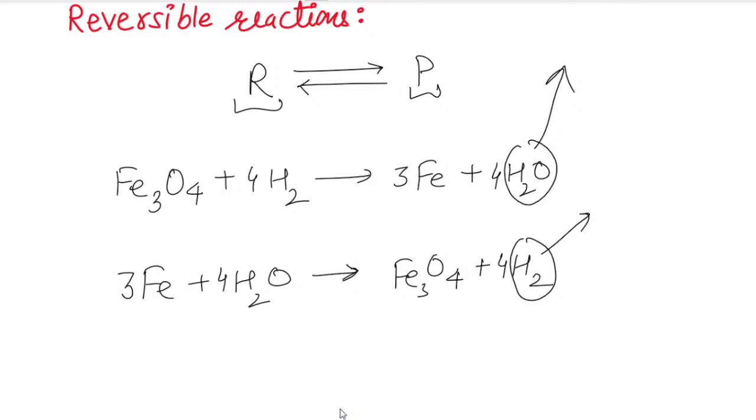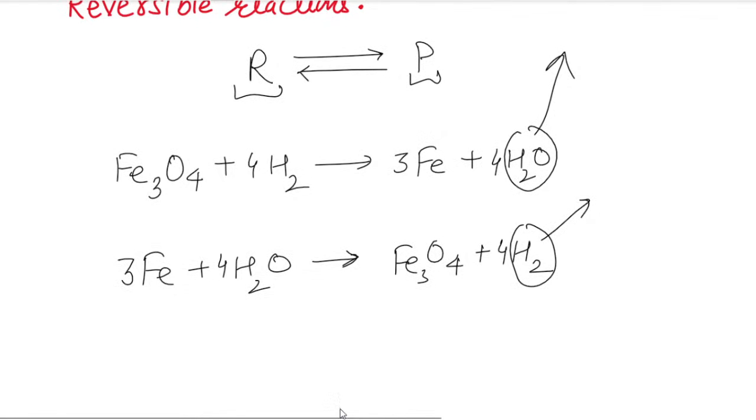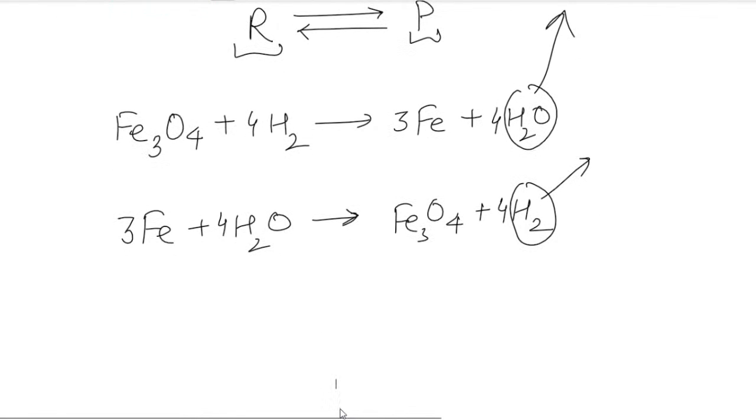But if the vessel is closed and nothing is allowed to escape, both forward and backward reaction can take place in the vessel. So in case of reversible reactions involving gases, the vessel should be closed.